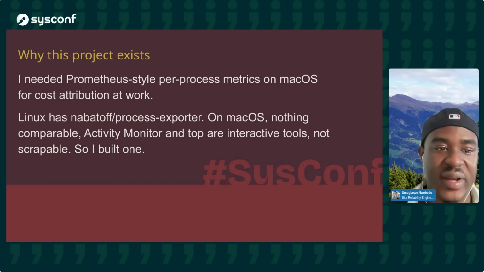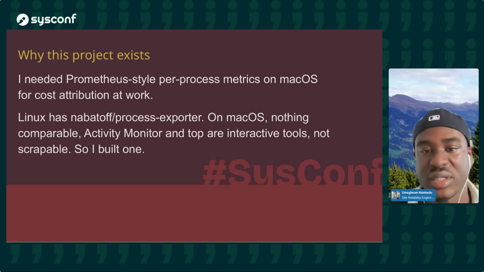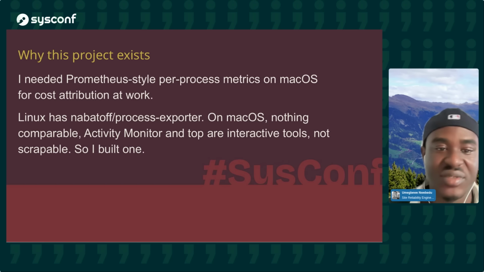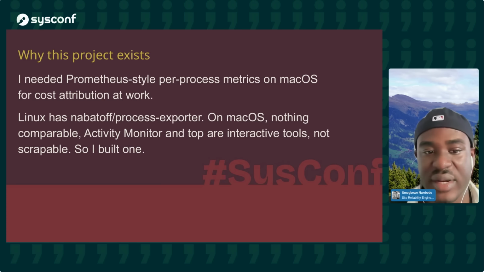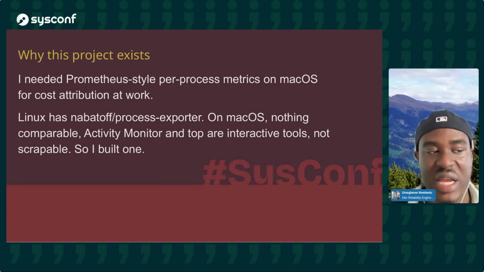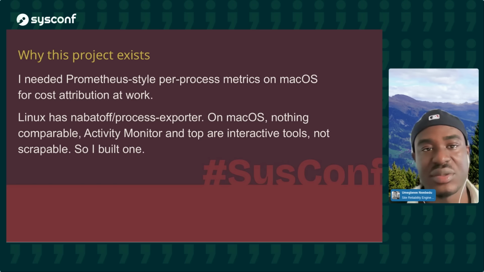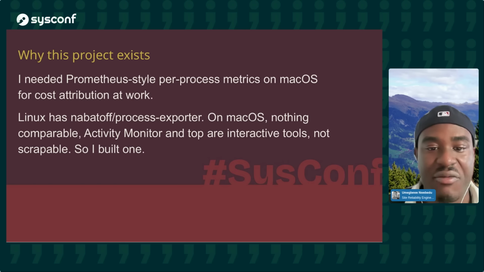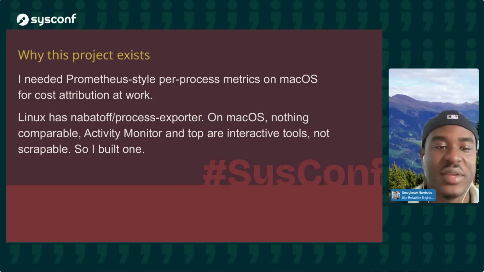But you won't find anything comparable for macOS. You might say Activity Monitor and top are right there, but these are interactive tools. They don't have history. They don't give the ability to see historical usage. You can only see a certain point, like right now. So yes, that is why I built this project.